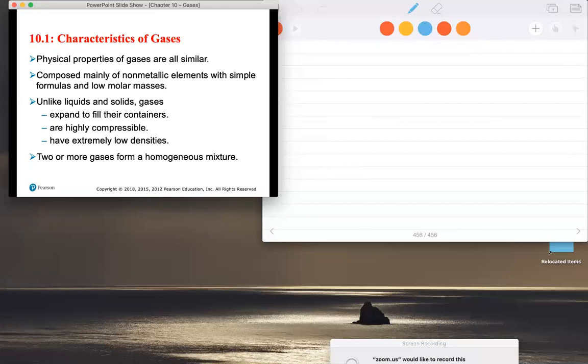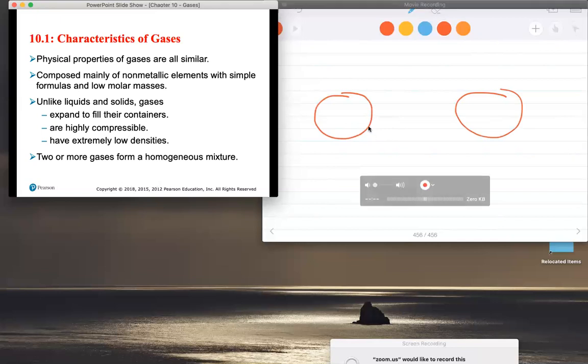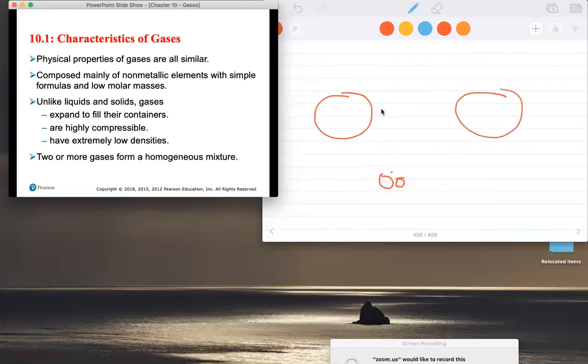They are highly compressible because of the large intermolecular space. If this is a gas atom, they have large spaces, so I can compress because of this. But you cannot compress solids because the molecules are in a fixed position.